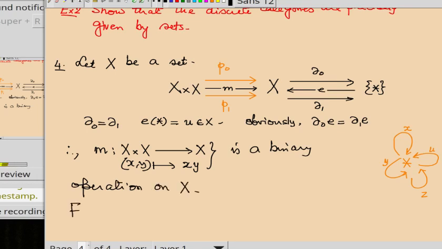Further, U is the identity. That means x U is equal to x, which implies U is the identity.